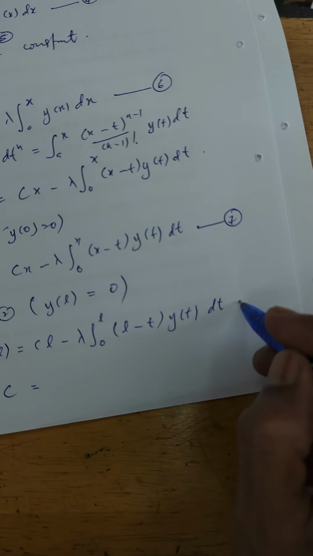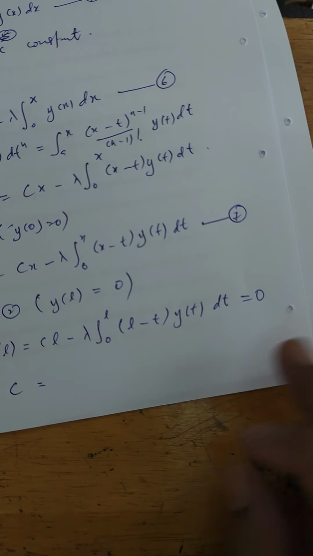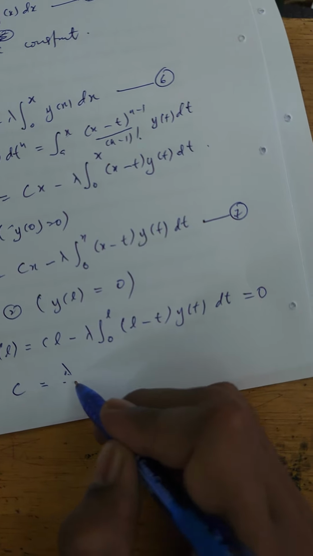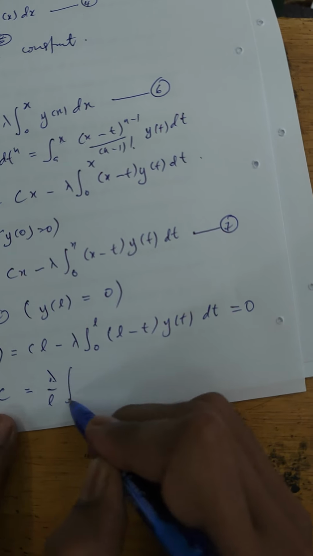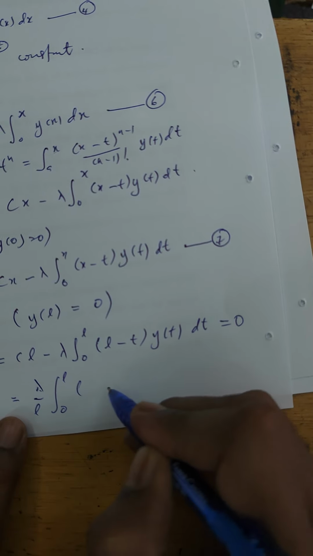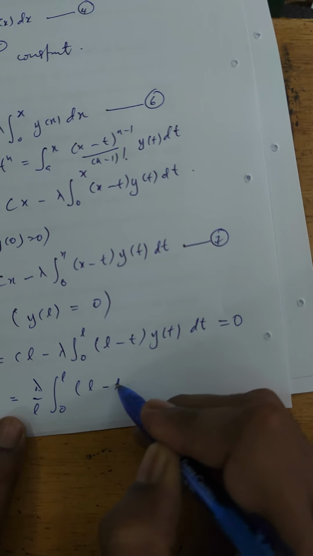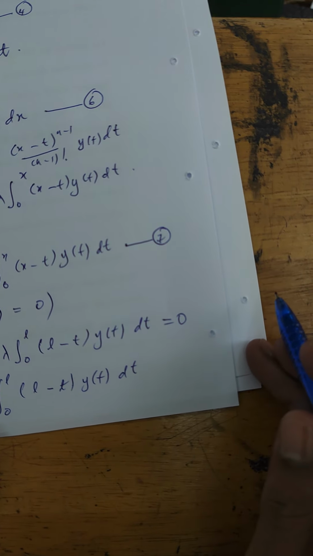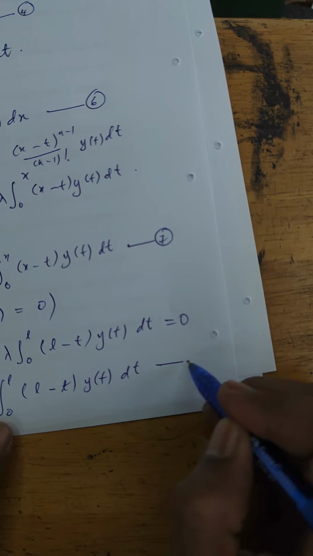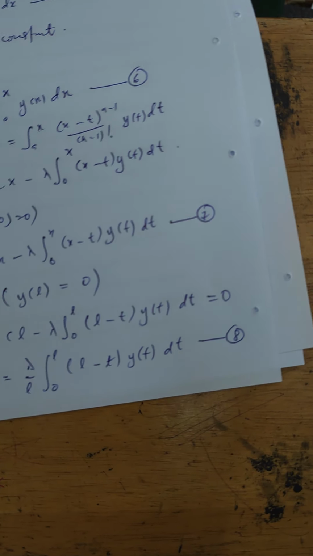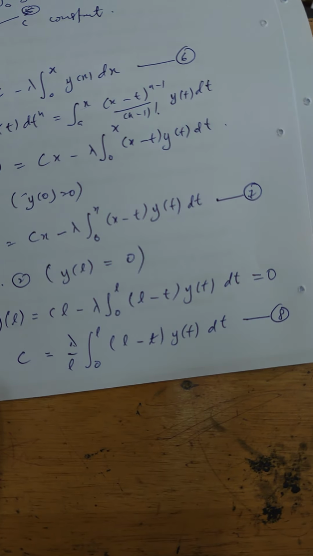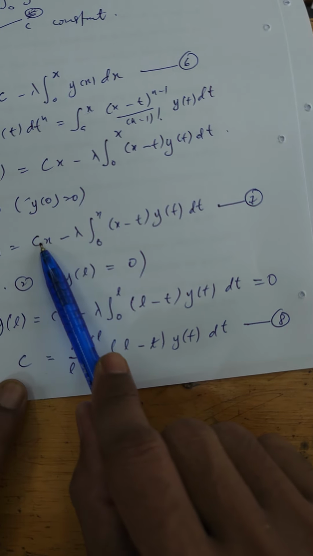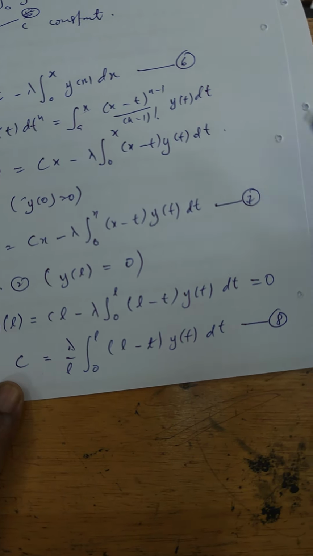Because y(L) is 0, this equal to 0, so we can have c equal to lambda over L integral from 0 to L of (L minus t) y(t) dt. This is equation number 8. Now, we use this c in 7: substitute 8 into 7.